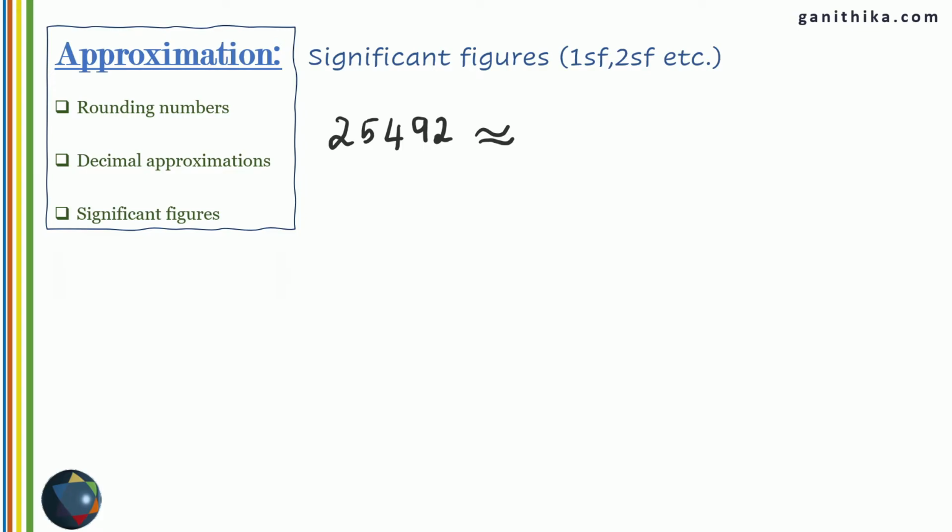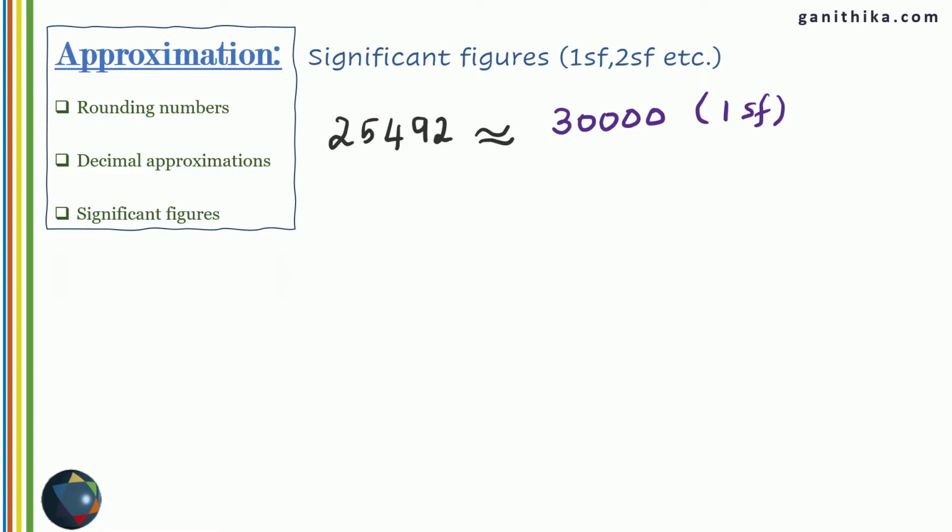Next, the second significant figure is the 5, third is 4, fourth is 9, and the last significant figure is the 2 on the right side. Again, I'm using the approximation symbol here because I'm going to approximate this to 1 significant figure first. The first significant figure is 2. The next number is 5. Therefore, it will change the 2 to 3, making the number 30,000. So it is approximated to 30,000 to 1 significant figure.